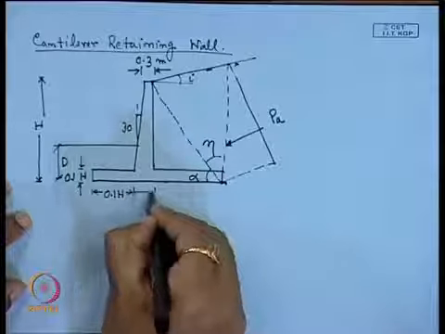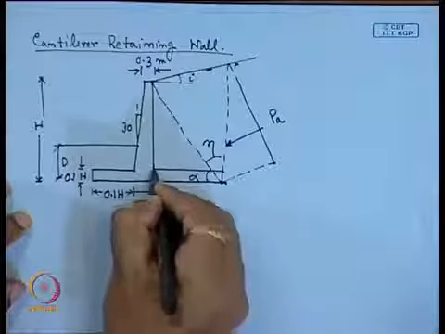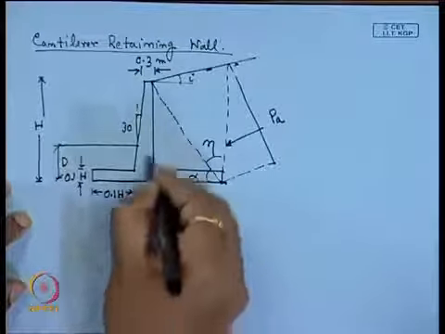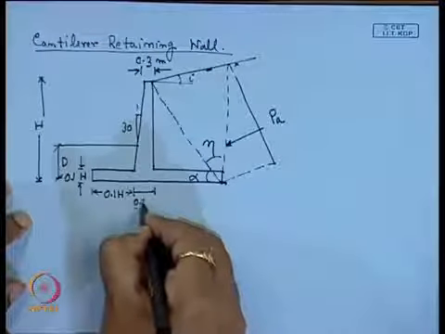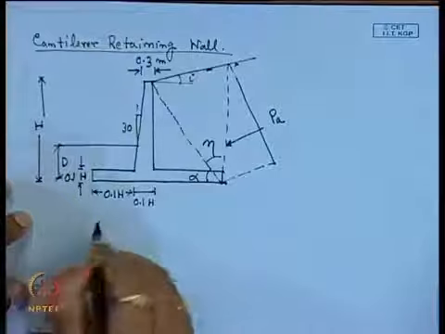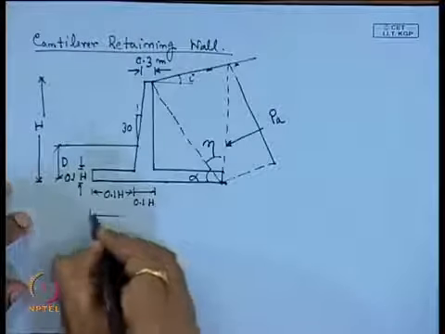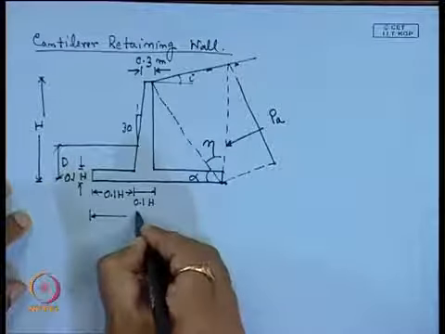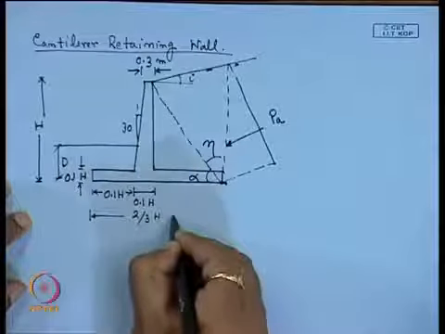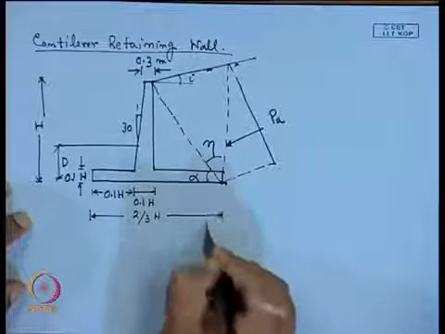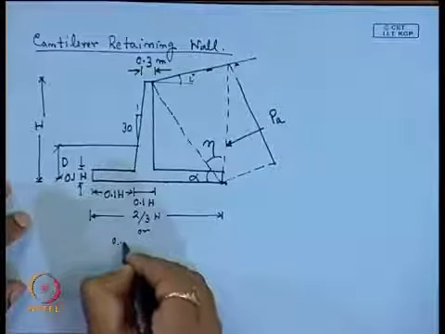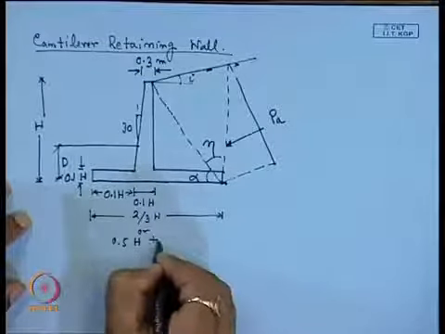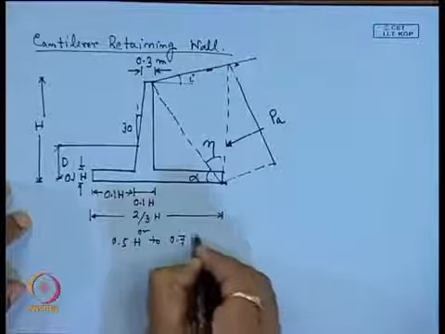At this T junction, this thickness is also recommended 0.1 h, and this one is 2/3 of h roughly, or this base width is 2/3 of h, or 0.5 h to 0.7 h.